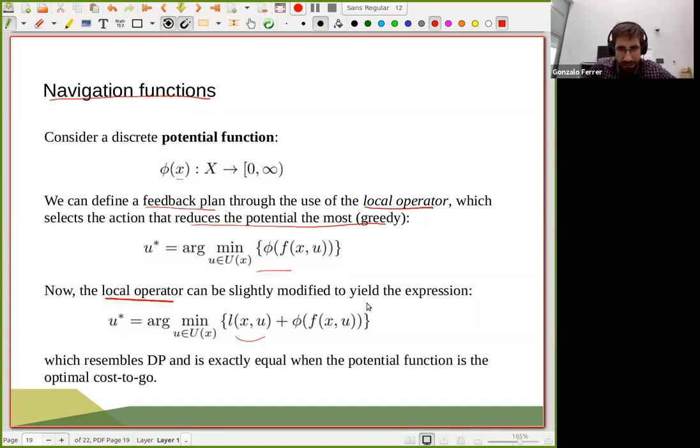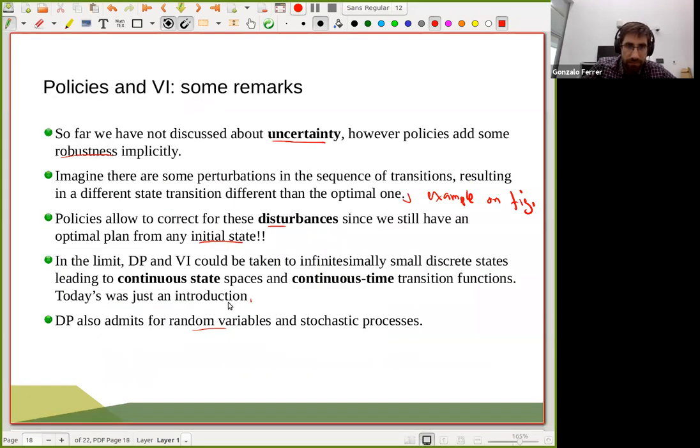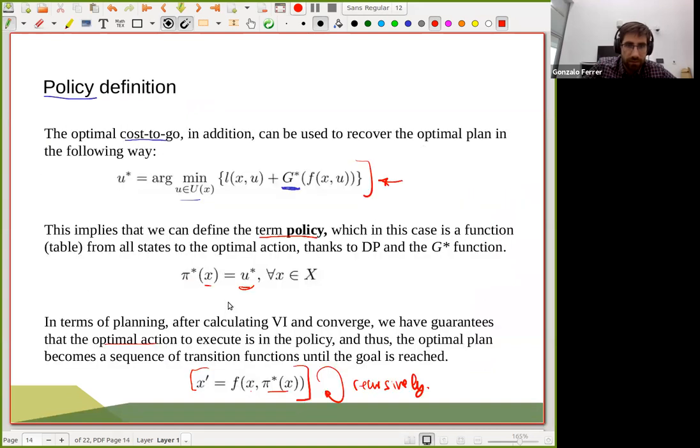So now this equation here should be very familiar, right? And I'm just going to go back a couple of slides here. What we have is that this was our definition of the optimal action, after calculating the cost-to-go function after convergence.